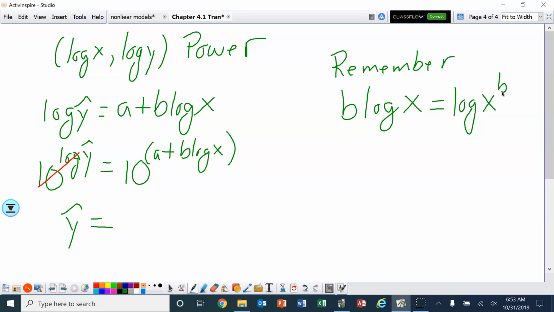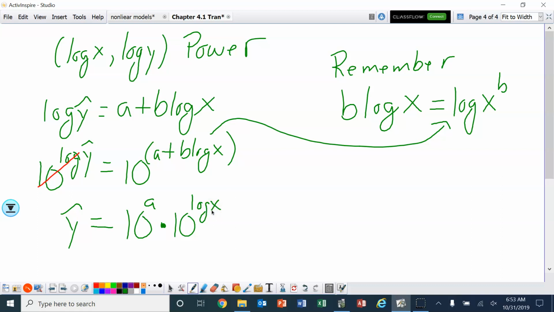I'm going to skip another step and rewrite this right side like this: 10 to the a power, using the rules for exponents, which go way back to when you started learning them, times 10 to the log x to the b power.